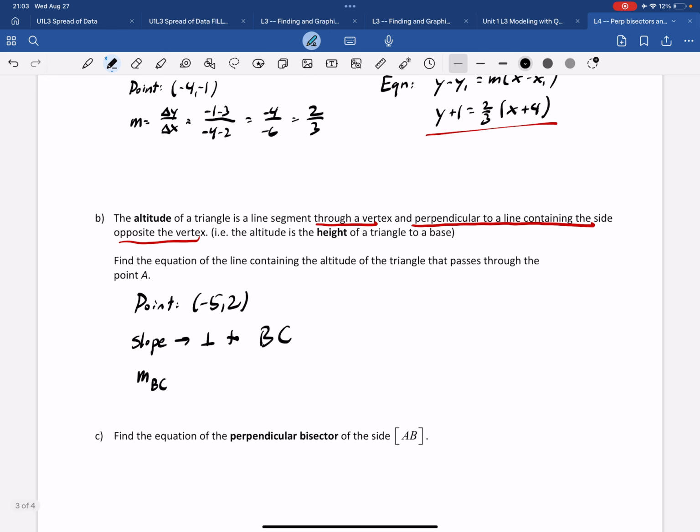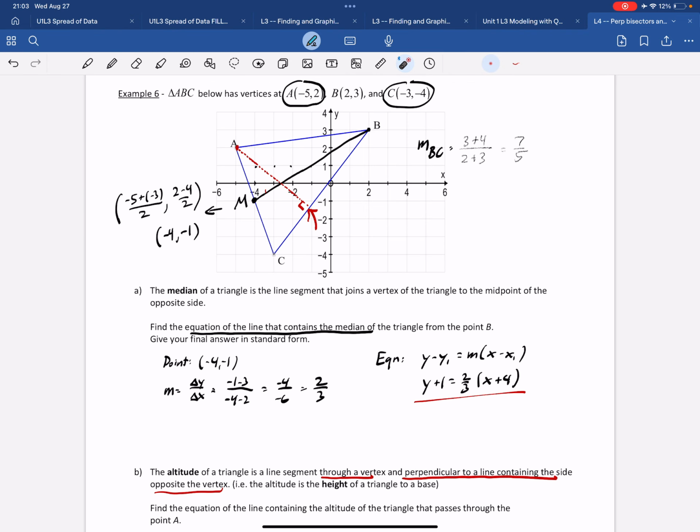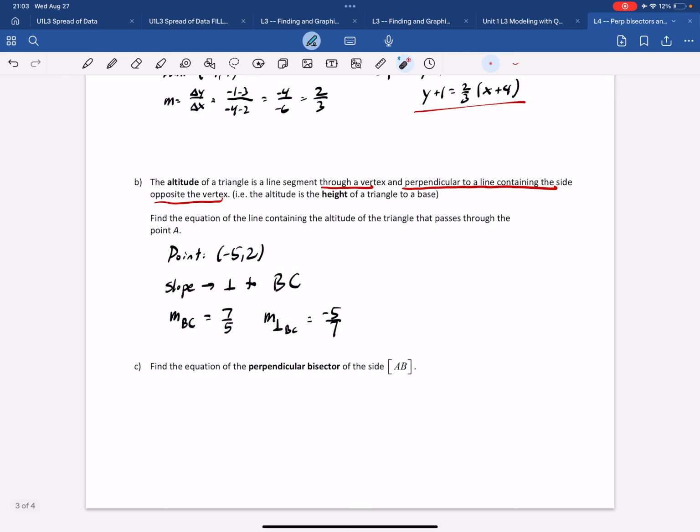If we want the slope perpendicular to that, the slope of BC was 7 over 5. The slope perpendicular to BC is going to be negative 5 over 7, right? This slope was positive 7 over 5, so this slope is negative 5 over 7, because that's what we learned last time about perpendicular lines.